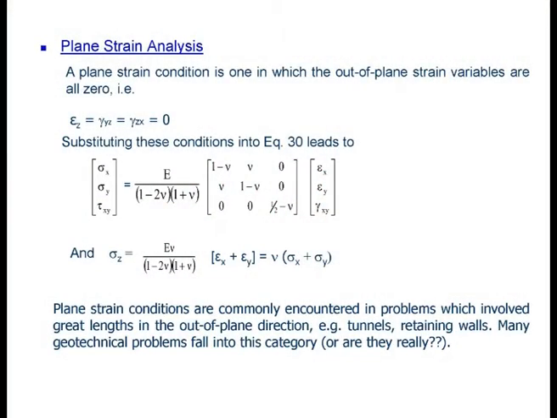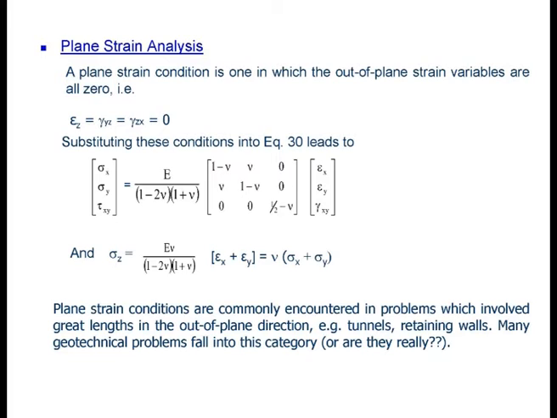And you can show that under these conditions, if you revert back to the 6x6 equation and plug these numbers into it, the 6x6 equation reduces to a 3x3 equation. So when you have plane strain, the work of the computer is reduced tremendously, because instead of 6x6, it is now dealing with 3x3.